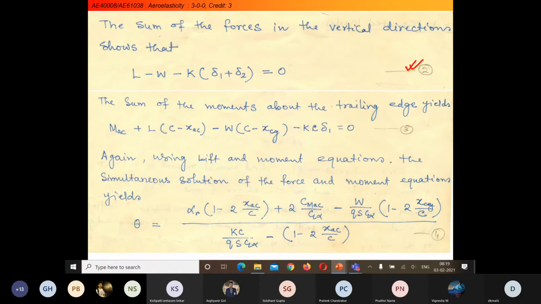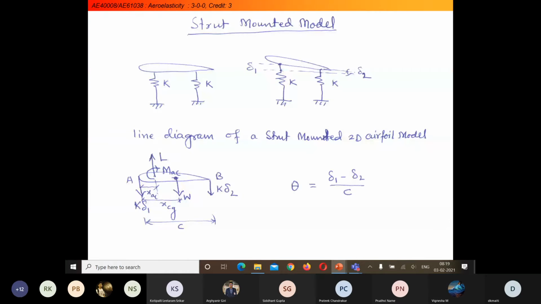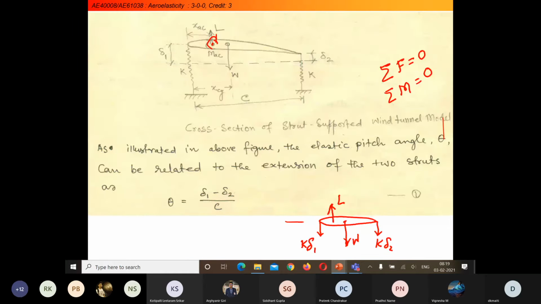Is it okay? So is the spring force due to the weight of the airfoil? No, the spring force is due to when air is flowing. Air is flowing, so this lift force is developed, so it will be deforming upward. That's what I have considered here.